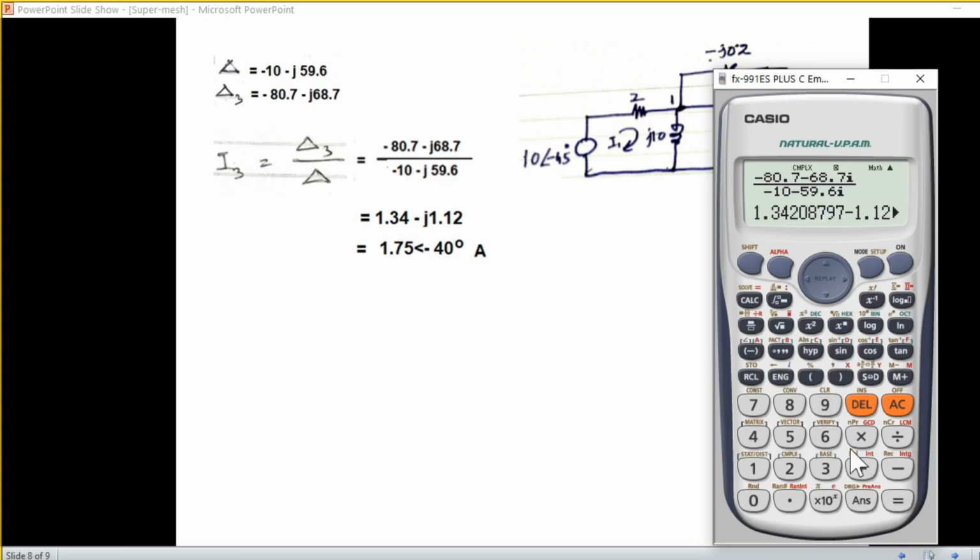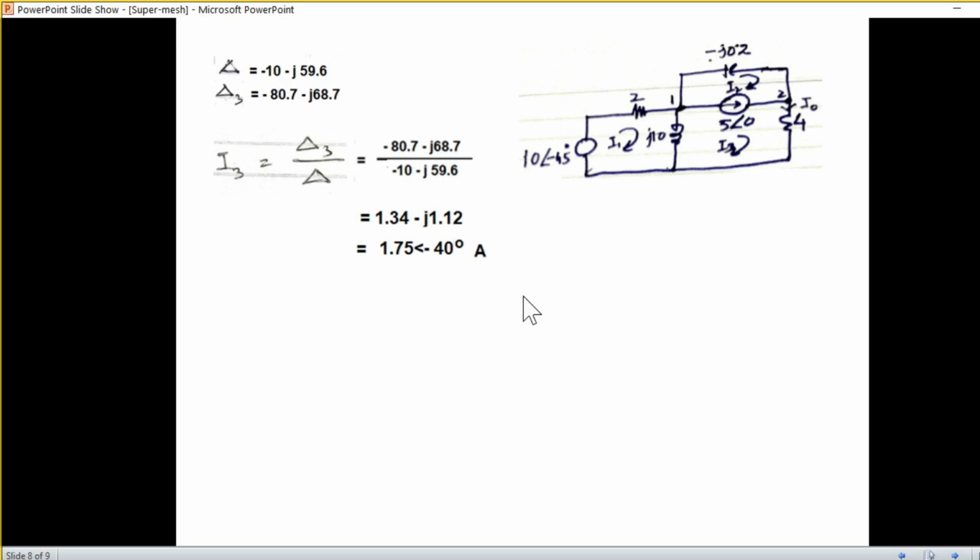Then we go ahead, equal sign. We find 1.34 and minus 1.12, but we need to find the answer in polar form. For that, we go to shift and complex, which is 2, and there are options. We select R theta, option 3, and the value is 1.75, and the angle is minus 40.